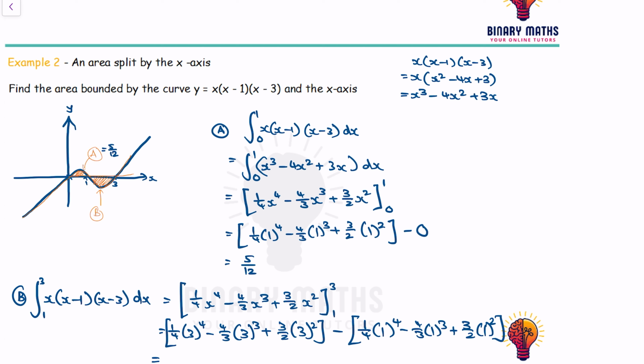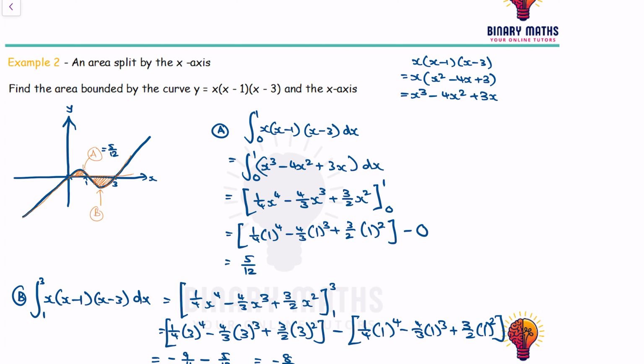When I put the first part into the calculator, I get minus 9 over 4. And when I put the second part in, I get 5 over 12. When I do minus 9 over 4 minus 5 over 12, I get minus 8 over 3.